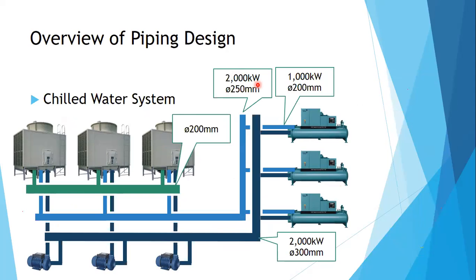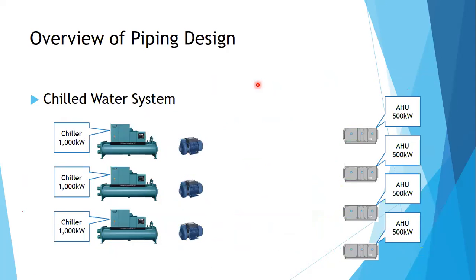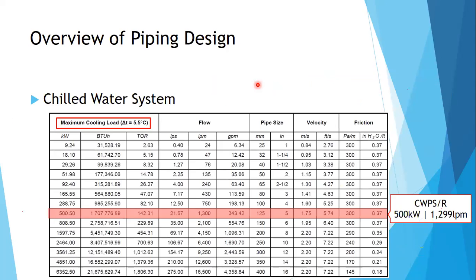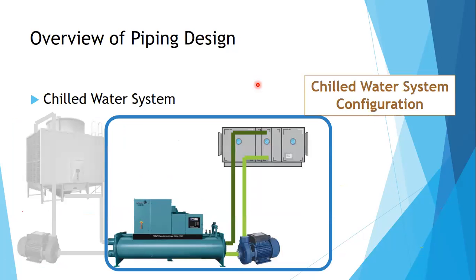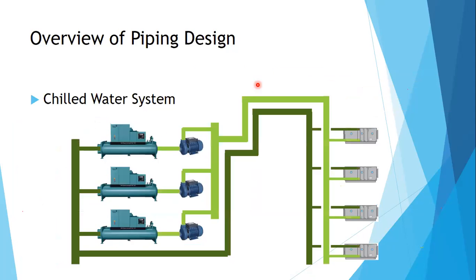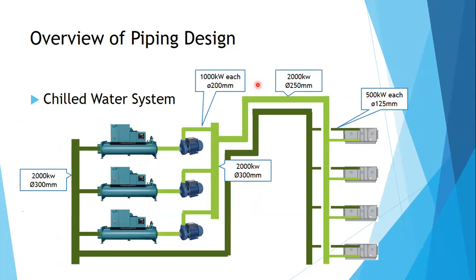At 2,000 kilowatt, earlier we calculated 1,299 liters per minute. 1,299 liters per minute, 1.3 times 4.